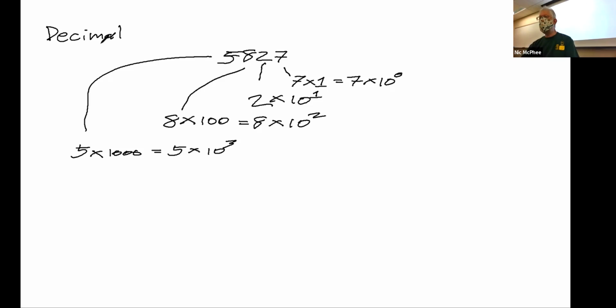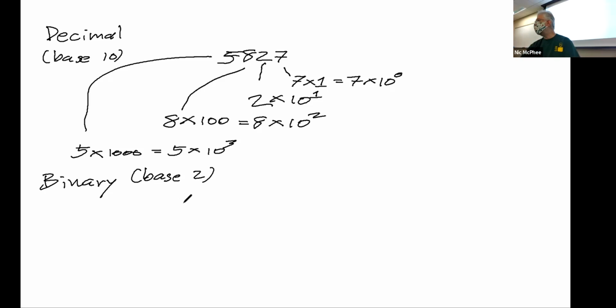So it's a historical accident that we have the fingers that we have, and that we use base 10. Computers, in some sense, happen to just have switches. So they do everything with base 2, okay? And so in binary, which is base 2, I guess I should say base 10 here. In binary, we do the same thing, but we use powers of 2 instead of powers of 10.